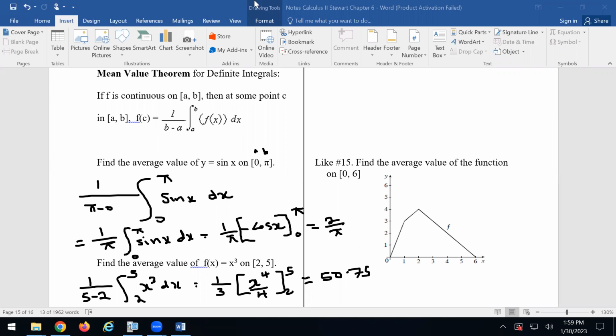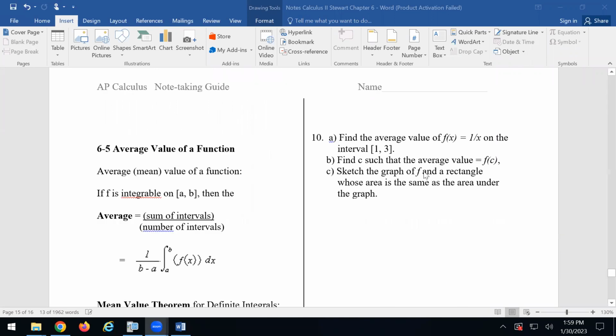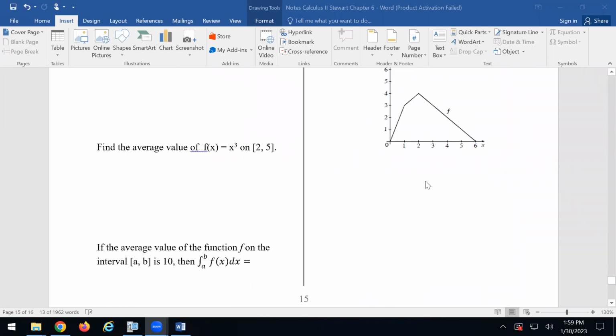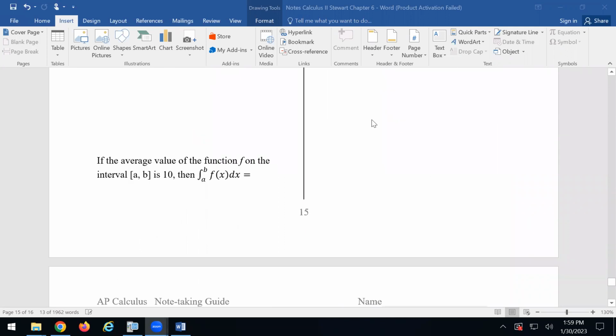All right, next example. Here we're told that the average value of the function over this interval is 10, and they want us to evaluate the integral from a to b of f of x. Just plug in everything that you know. So 1 upon b minus a times the integral from a to b of f of x dx is equal to 10, and then just solve for the integral.